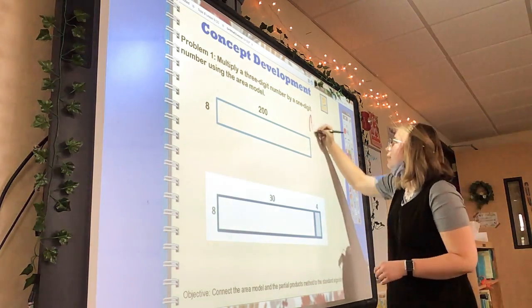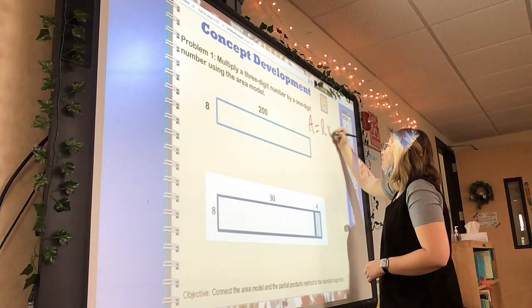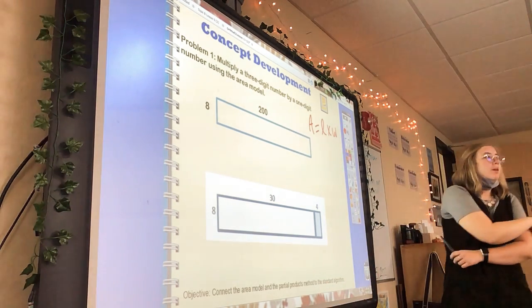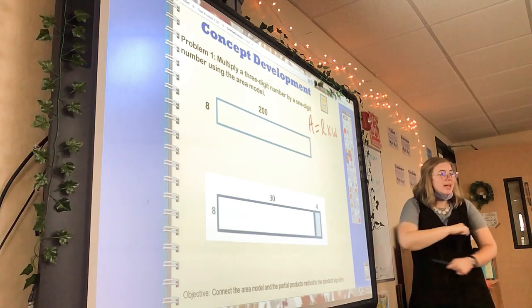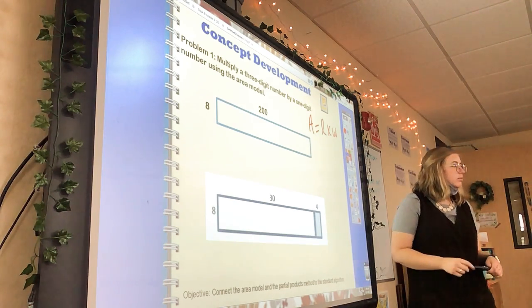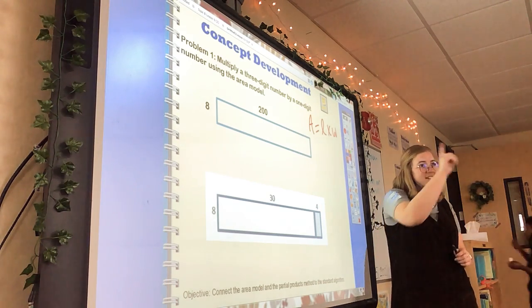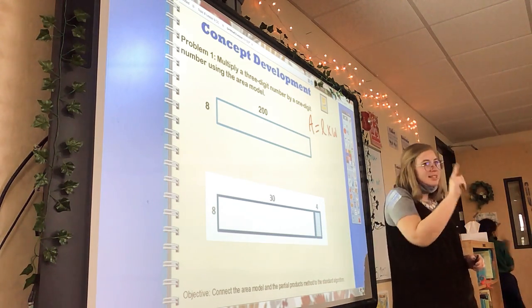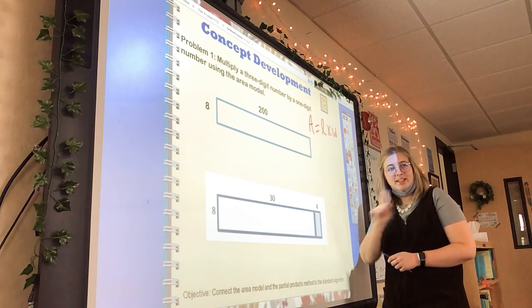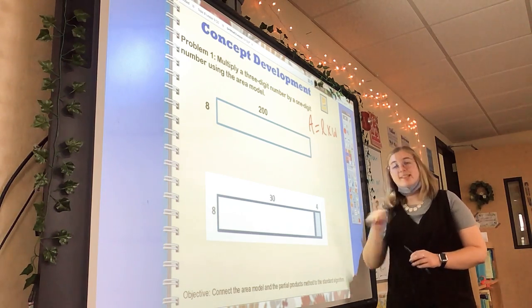So, you guys know area. It's area equals length times width. Okay, is that familiar? Yes. Okay, so when we find the area of something, show me the hand motion for area. Good. Yeah. Look around, do what others are doing. Yes, the inside. Logan, what is area? Inside, right?